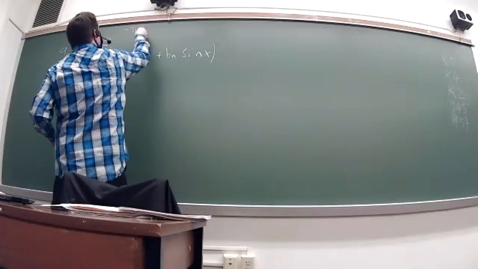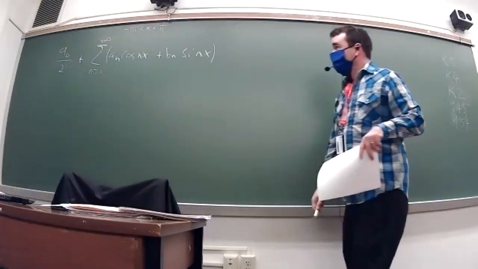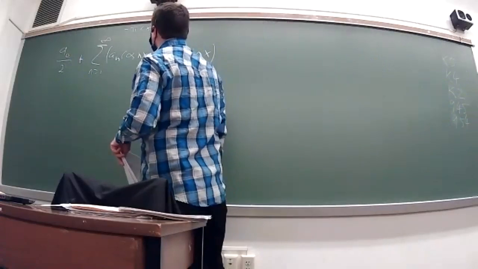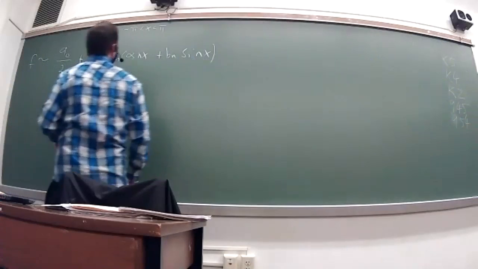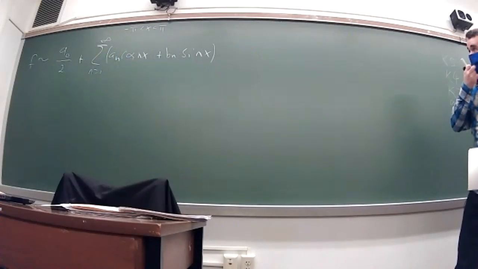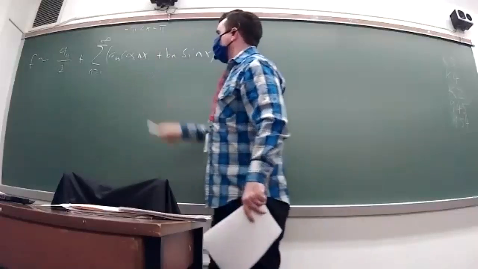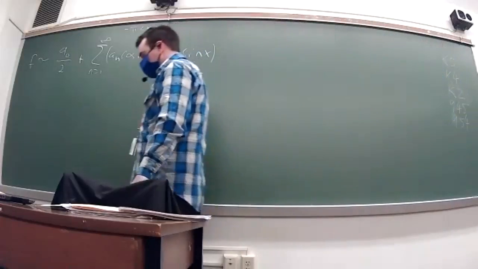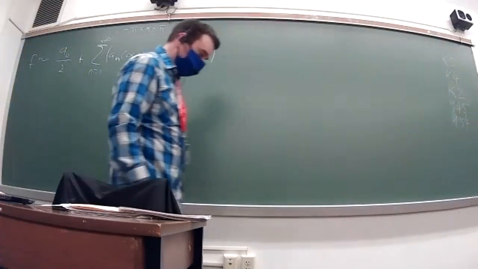This is scaled so that x is from negative pi to pi, and typically this is a Fourier series for a function f, which is a periodic function with period 2 pi on the real line. If it had different bounds here, then you have a slightly different setup. But this is the classical Fourier series, and we have these formulas for the Fourier coefficients, which I won't write down again.